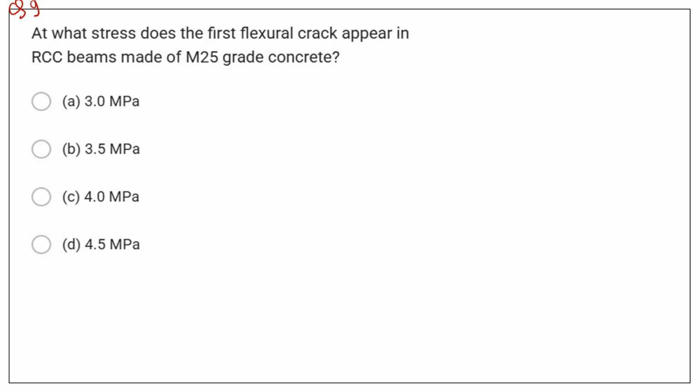The next question. Question number 9. At what stress does the flexure crack appear in the RCC beam made of M25 grade concrete? So for the flexure crack in the RCC beam, the formula for the stress is FCR is equal to 0.7 square root of FCK.